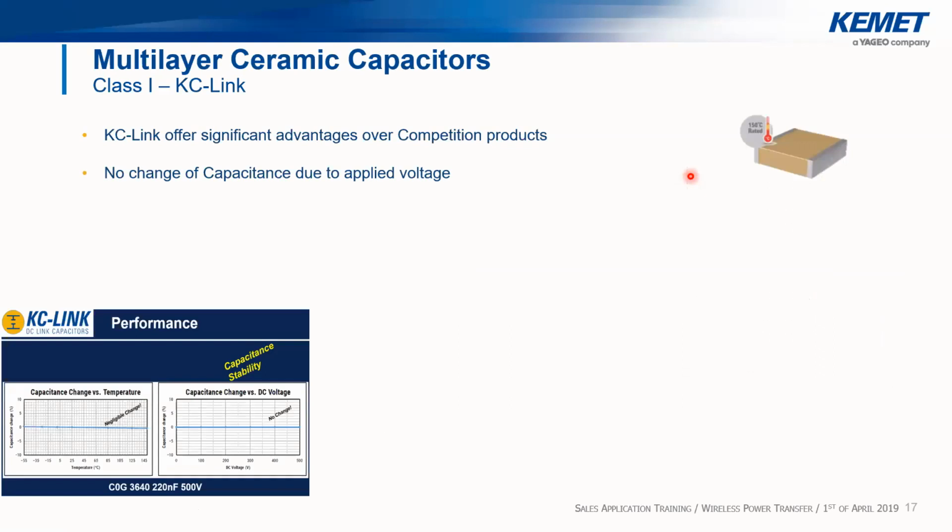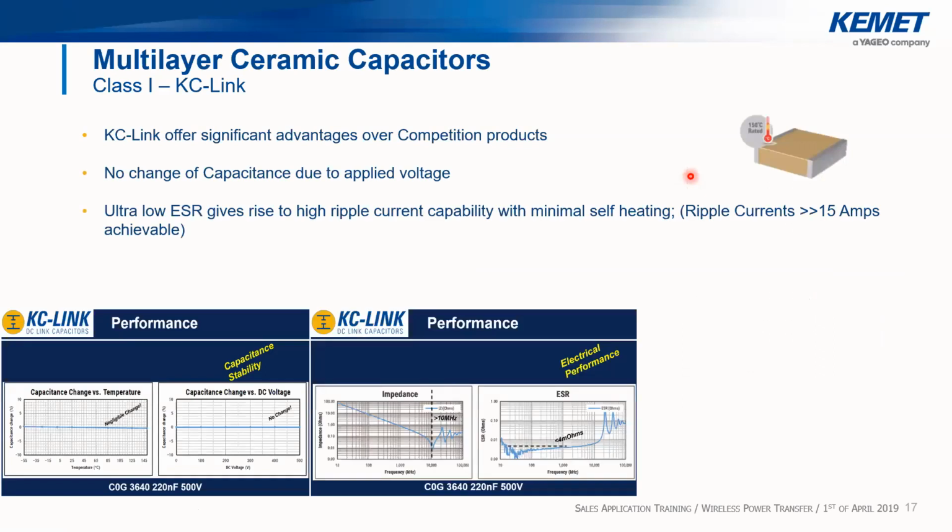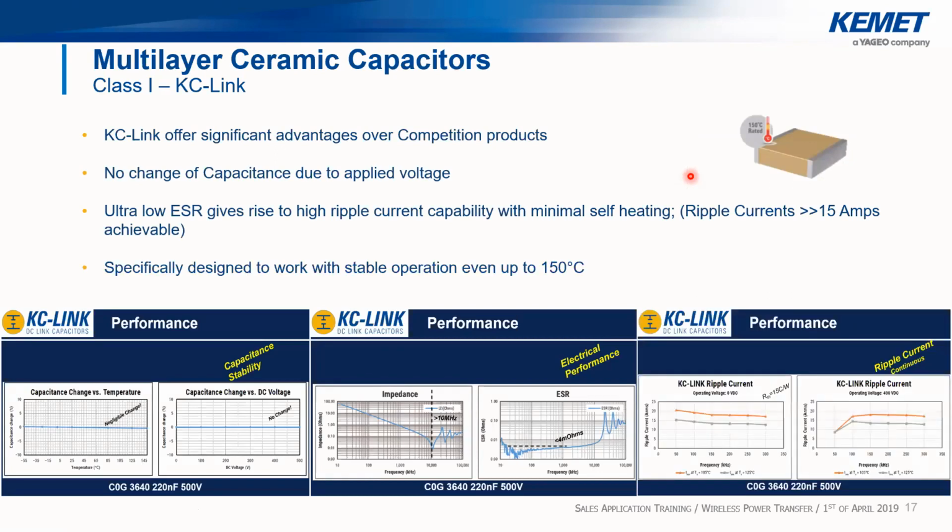From the ceramic point of view, we are showing here the capabilities of the K-Link. The K-Link is using a C0G dielectric, which will offer a very stable performance under voltage stresses, and so we have a very limited change with the voltage and with the temperature, and offers a very low ESR, which will lead to high current capabilities.